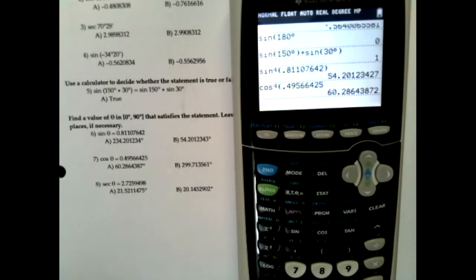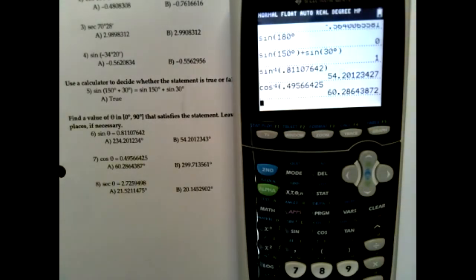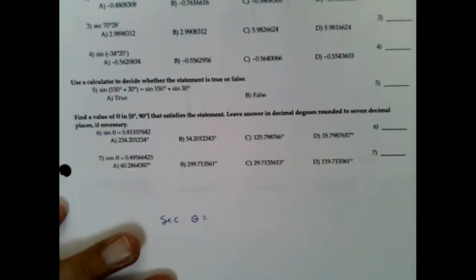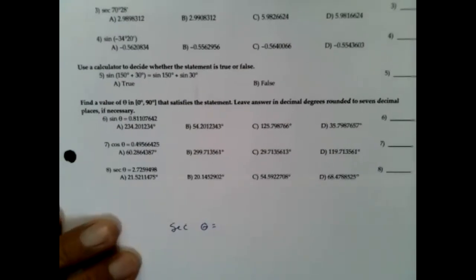And again, what do we know about the secant? Well, we know that's the same as 1 over the cosine. Okay, so 1 over the cosine. So the secant of theta equals, not telling you, there it is, 2.7259498.